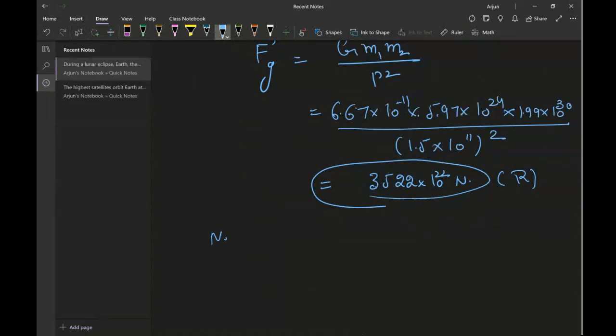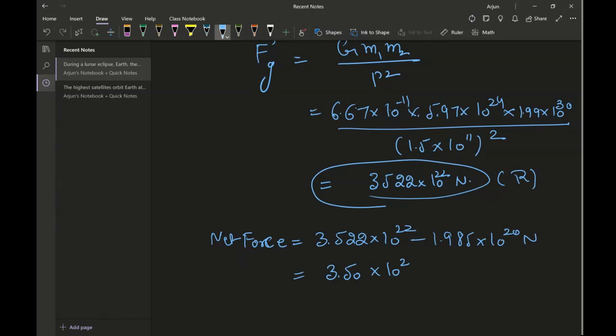So the net force, we will apply the vectors: 3.522 multiplied by 10 to the 22, minus we will subtract the other force, 1.985 times 10 raised to the power 20 newtons, and then we will get the final number as 3.50 times 10 raised to the power 22 newton towards the right or towards the sun. That's how we're going to solve it.